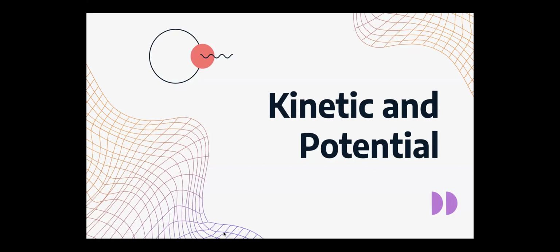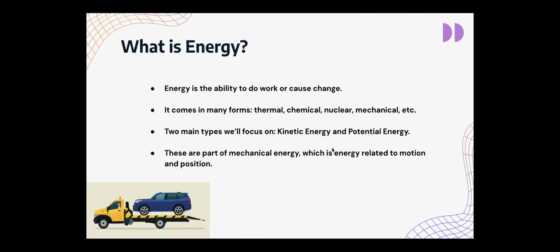Okay, let's start. So what is energy? It comes in many forms, right? It comes in mechanical, thermal, nuclear, chemical. It comes in all types of forms, right? The two main types we'll be focusing on are kinetic energy and potential energy.